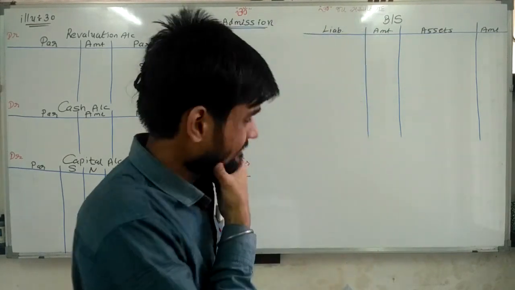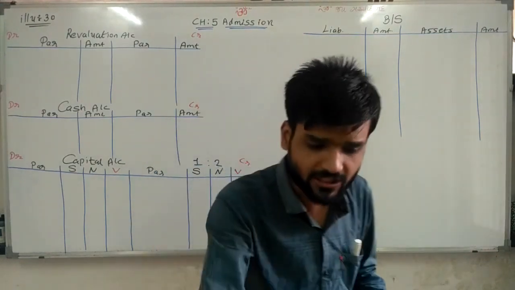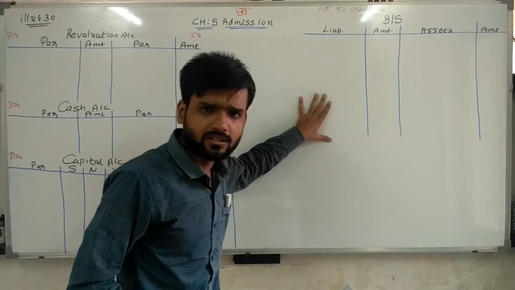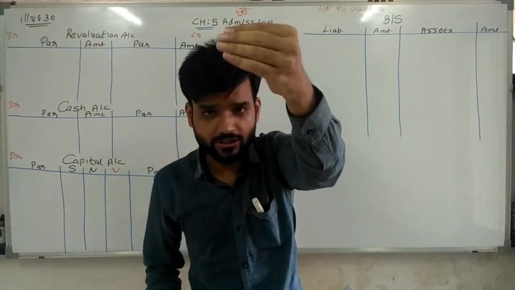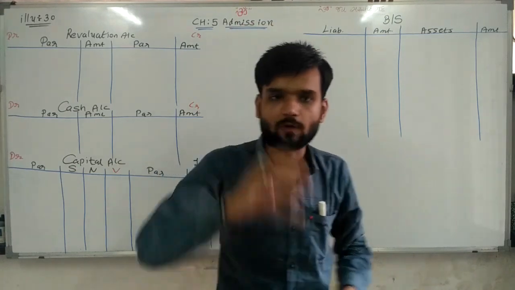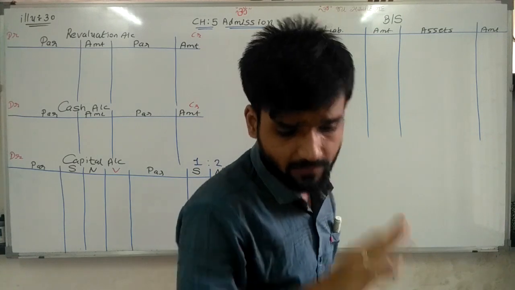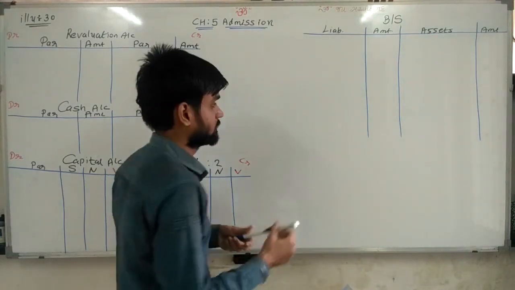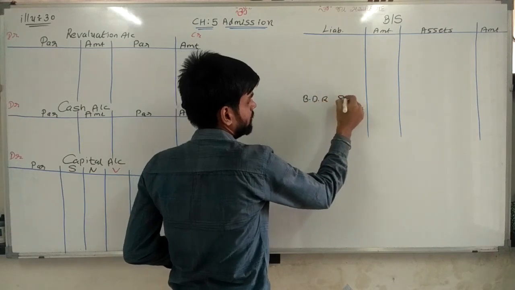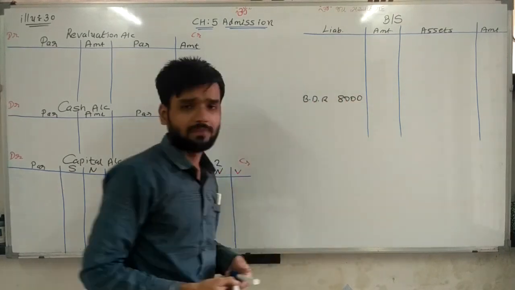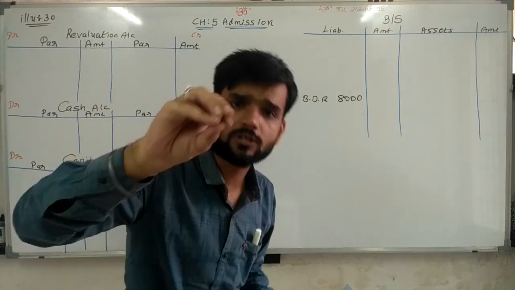Here bad debt reserve is given on the liability side, so I am also writing it on the liability side. But you have an option, you can deduct from debtors also. So 5,000 bad debt reserve we need to write, and in the balance sheet bad debt reserve is given 8,000 rupees, but now the new bad debt reserve is 5,000.